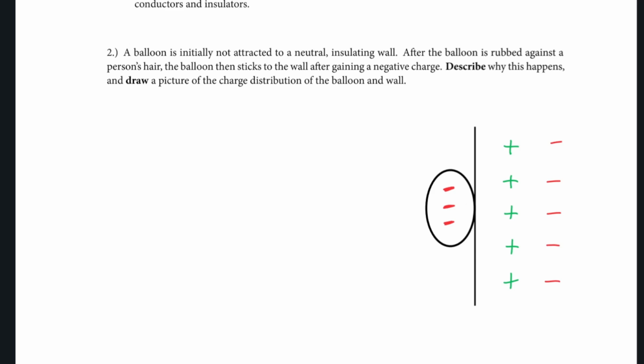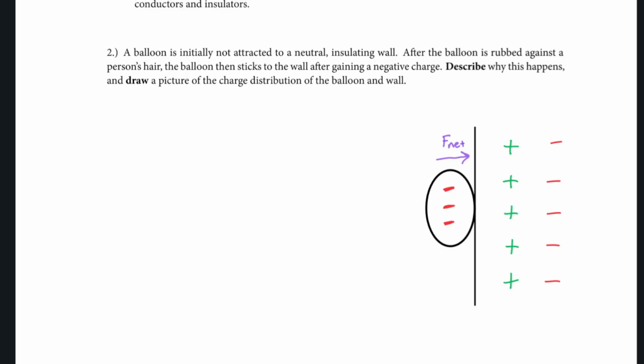What's really happening is a small number of electrons are getting moved deeper into the wall, giving this net effect of the wall being more positively charged near the balloon. And since we have an attractive force closer than the repulsion force, we know that the net force on the balloon will be attractive.